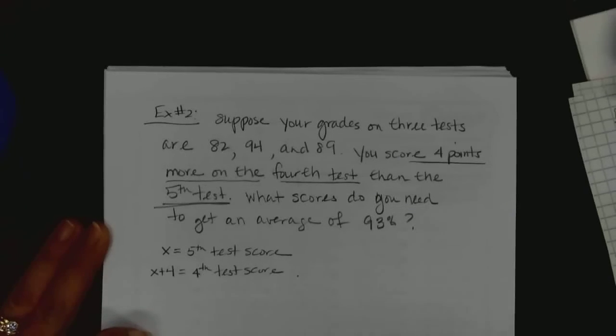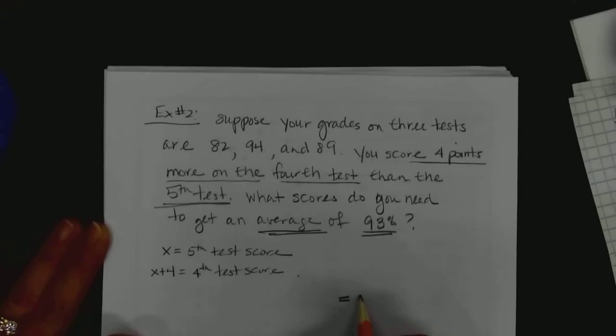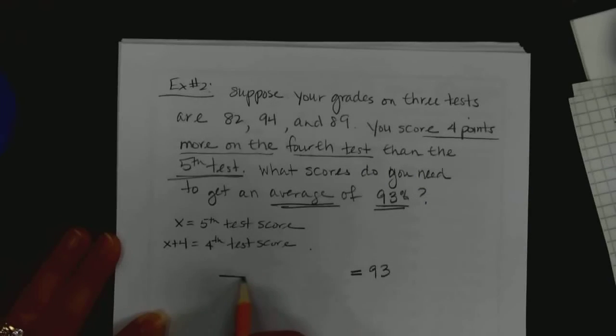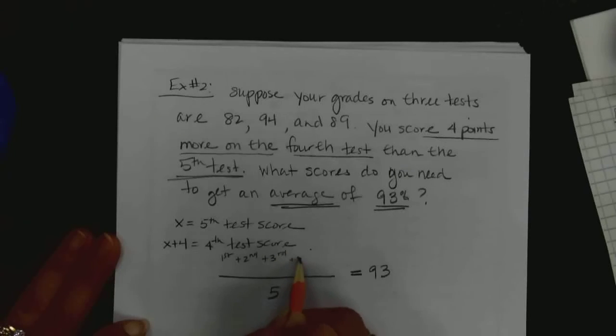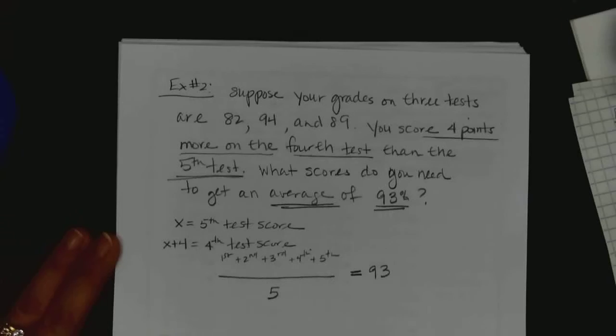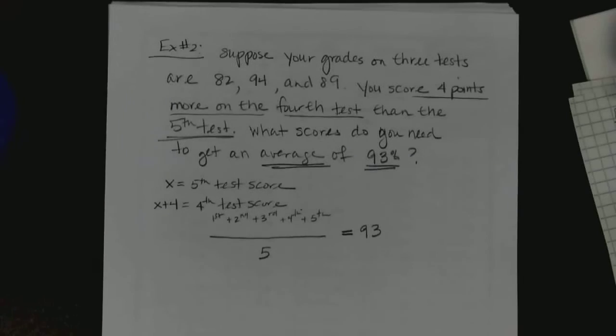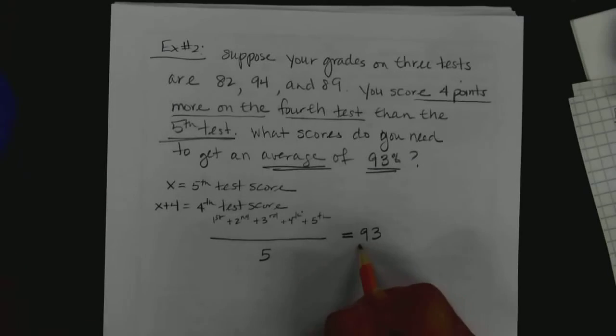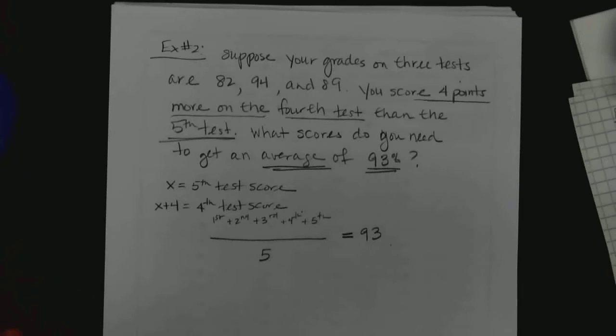They gave us the average. They said the average is 93. So when we add them all up and divide by the number of tests, we have to get 93%. There are 5 tests, so you divide by 5. Here's your 1st, 2nd, 3rd, 4th, and 5th. Those are the numbers we have to add up, and the average has to equal 93.